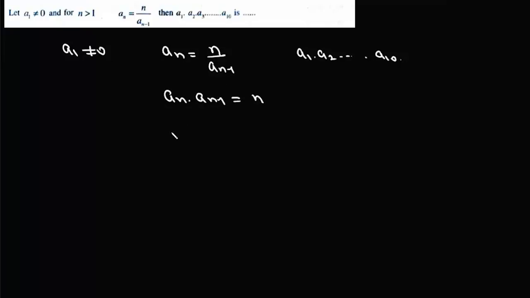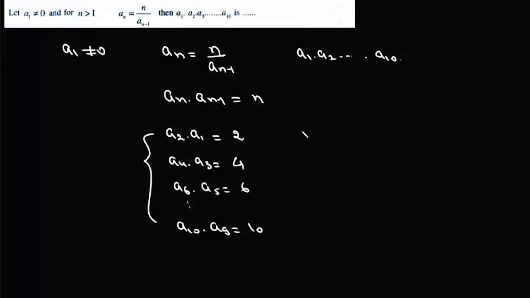Now if we put n as 2, we can write a2 into a1 will be simply 2. If we put n as 4, we'll write a4 into a3 will be equal to 4. In the same way, a6 into a5 is 6, and in the end we'll have a10 into a9 will be equal to 10.